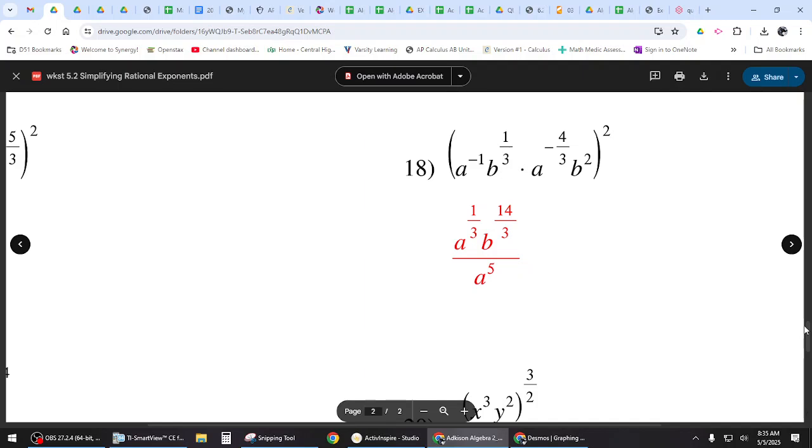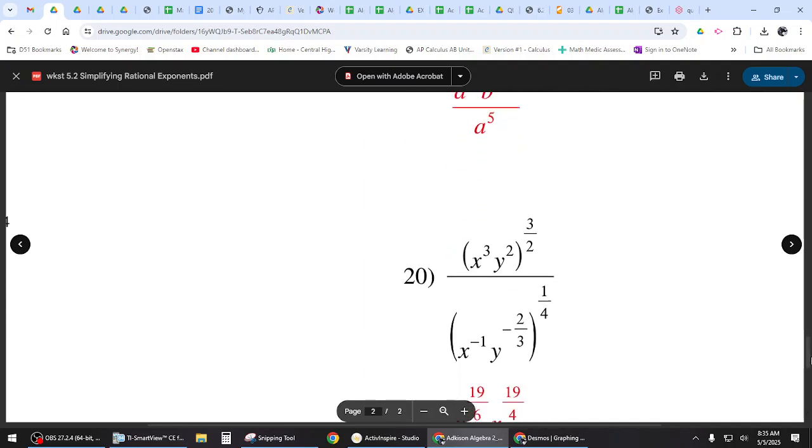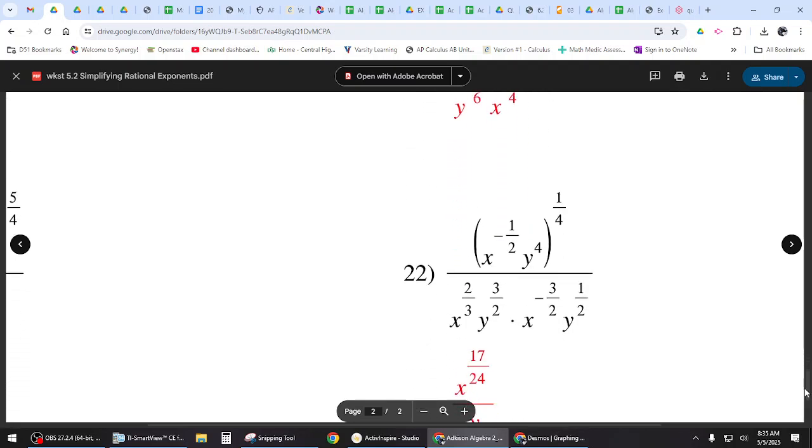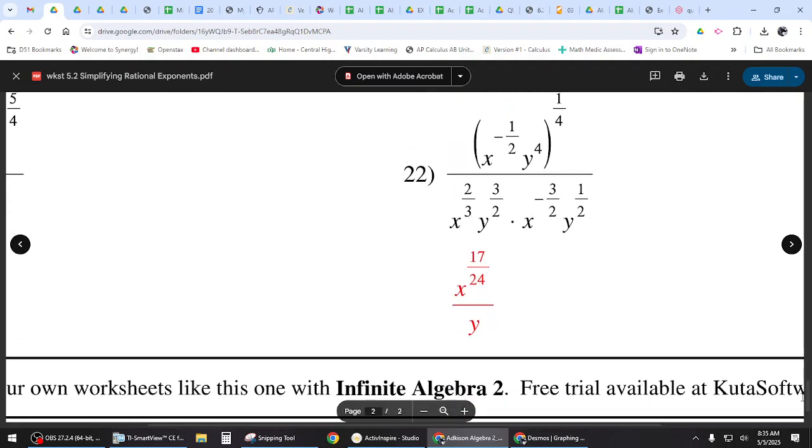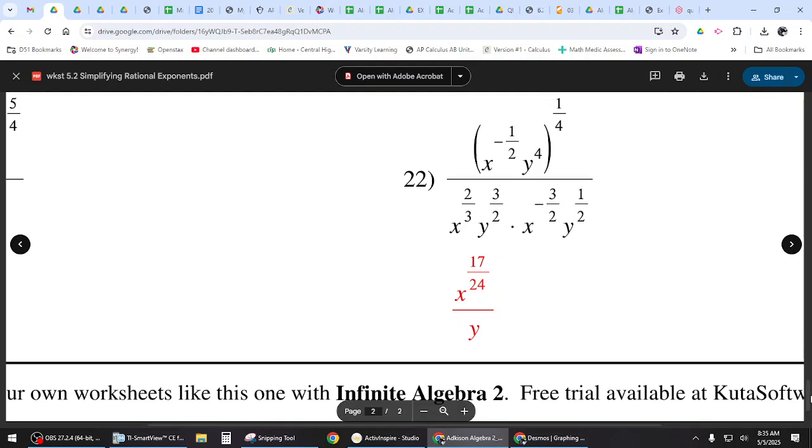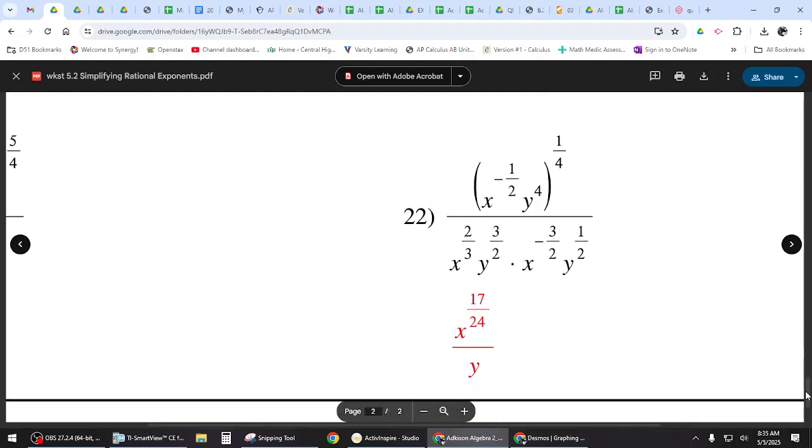No, you can't cancel. You could rewrite b over a in parentheses to the 14/3 if you want, only if you want. 22 is also fine. So x to the 17/24 over y. Do you want to do that one, Lexi?